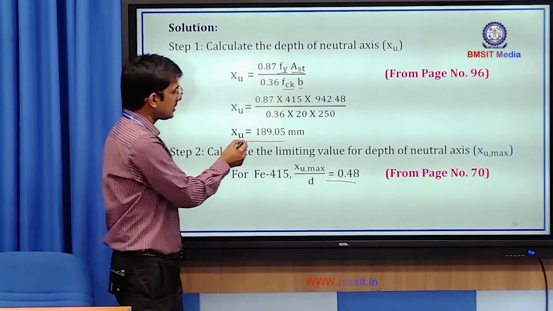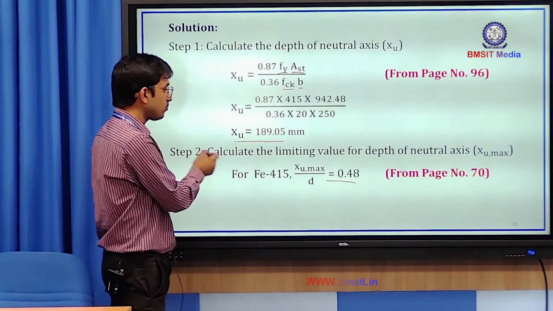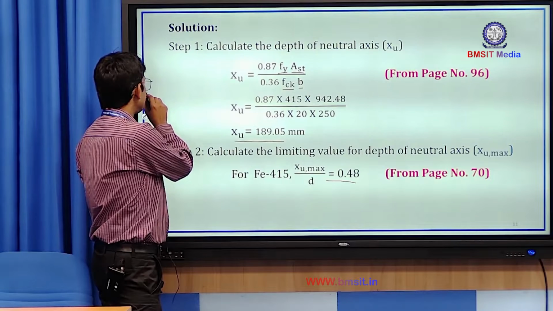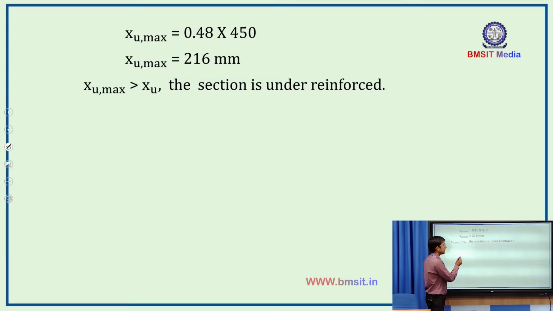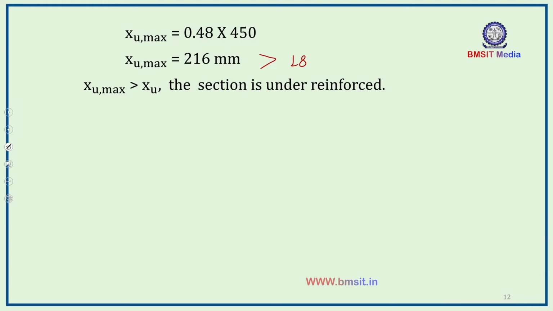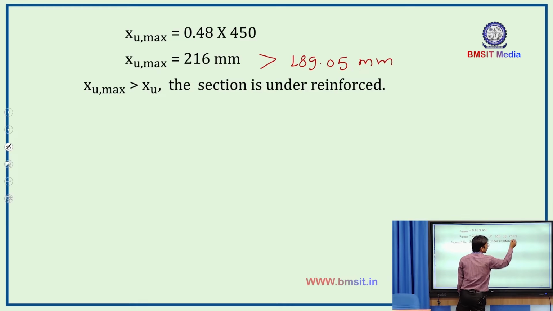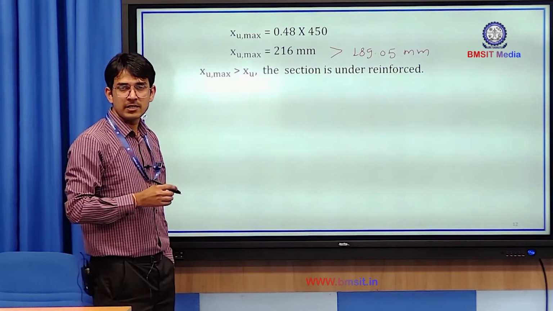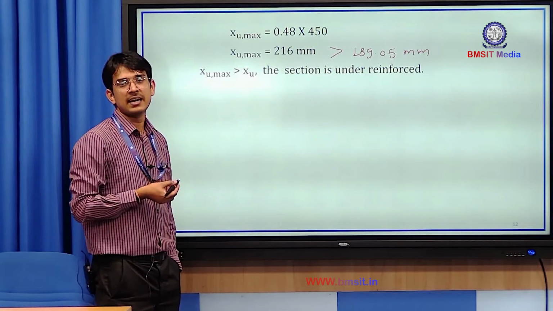XU we have is 189.05, and XU max we have is 216. So XU is lesser than XU max, and we can say that this section is an under reinforced section.